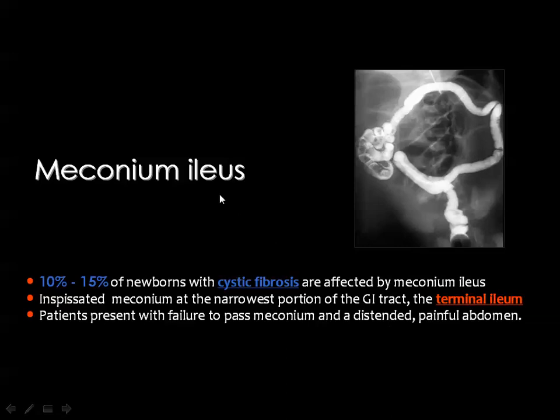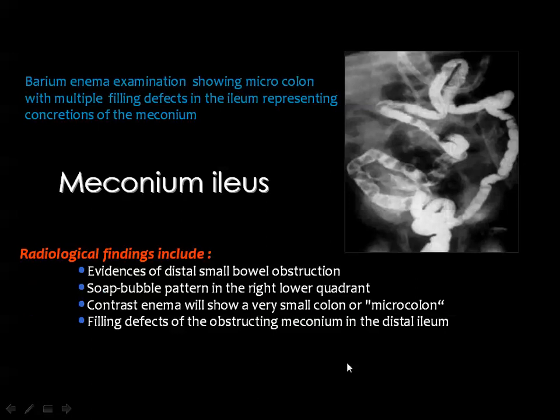This meconium ileus is intimately related to the disease known as cystic fibrosis or mucoviscidosis, which affects the mucous membranes, especially in the chest. Patients with cystic fibrosis can be affected by meconium ileus.